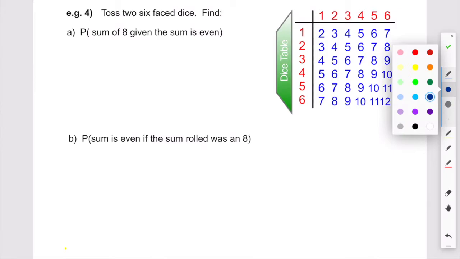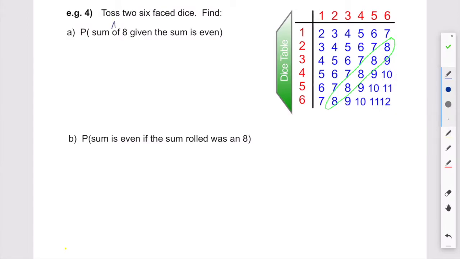They are down here. If I claim that this is event A, then sum of even is event B. How many even sums are there? I think you can tell that half of the sums are even, so 18 out of 36, right?